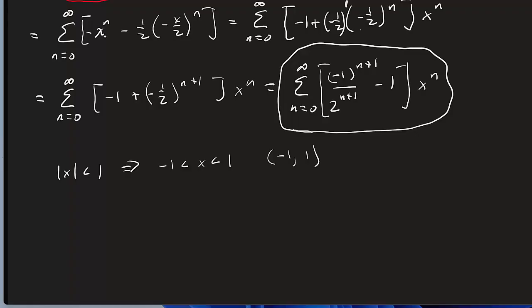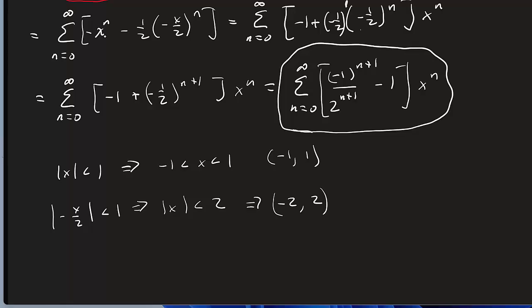So we know the absolute value of negative x over 2 has to be less than 1. So this means that the absolute value of x has to be less than 2. Multiply by 2, the absolute value makes it positive. And so this means that x has to be between negative 2 and 2.